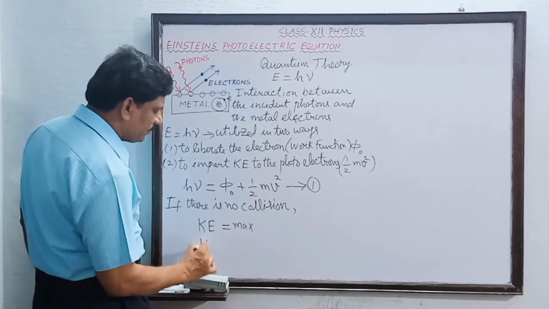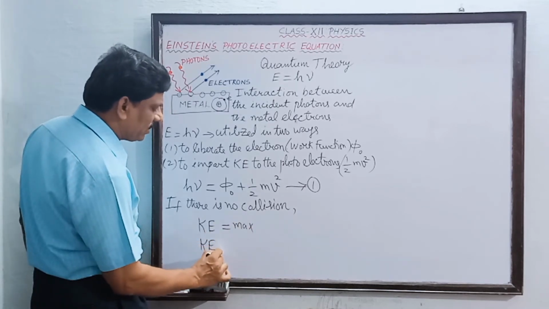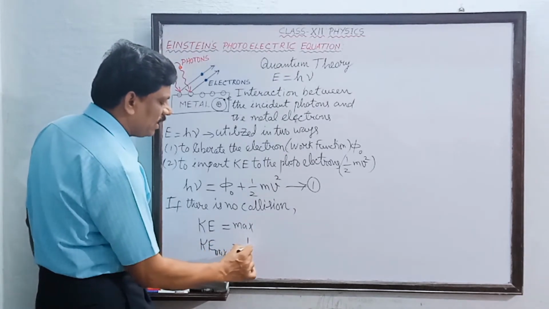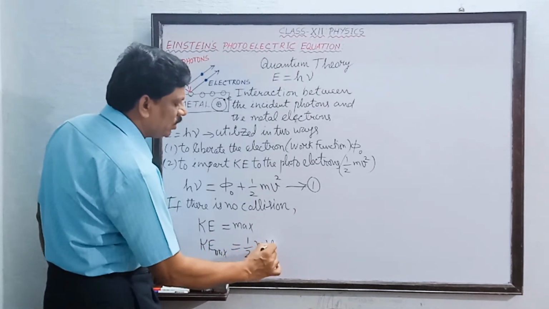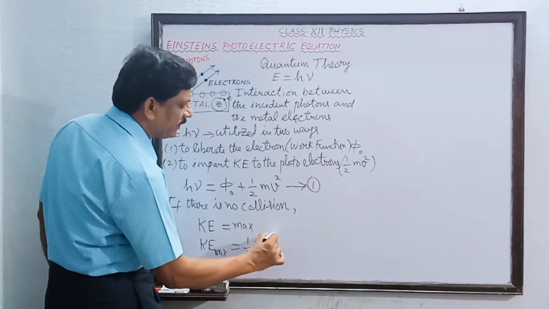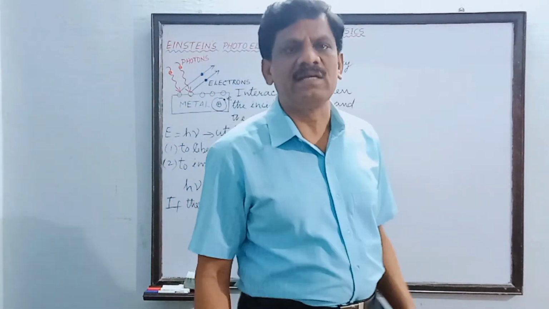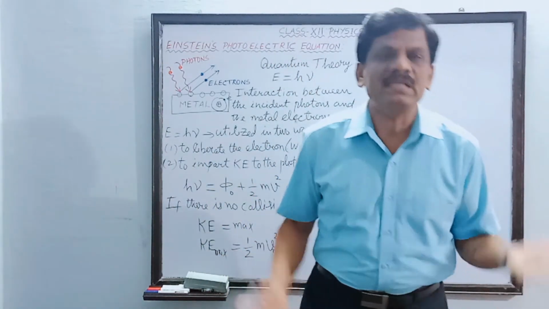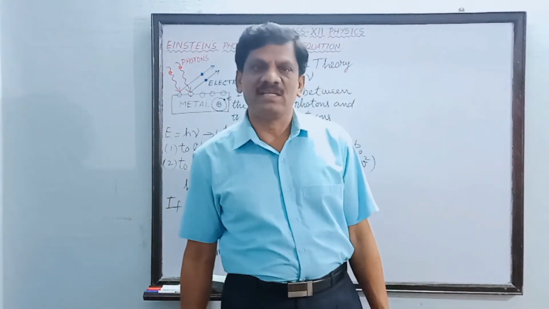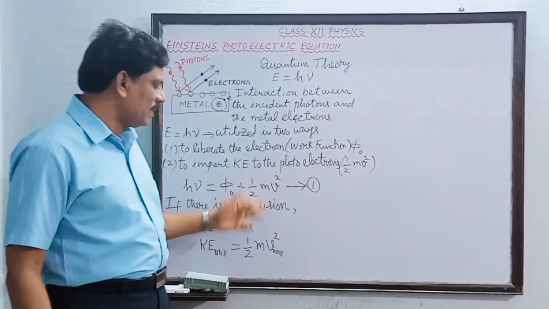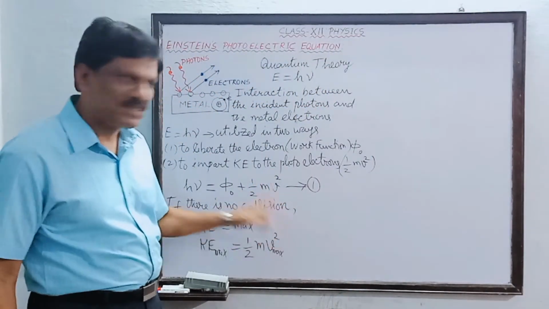And this maximum kinetic energy is denoted by the symbol KE max. So this is equal to half m into v maximum square. Understand? When will the kinetic energy of the photoelectrons be maximum? When they do not collide with each other.